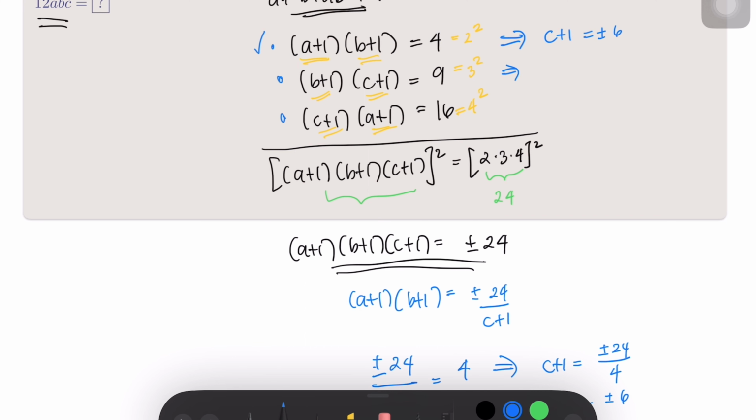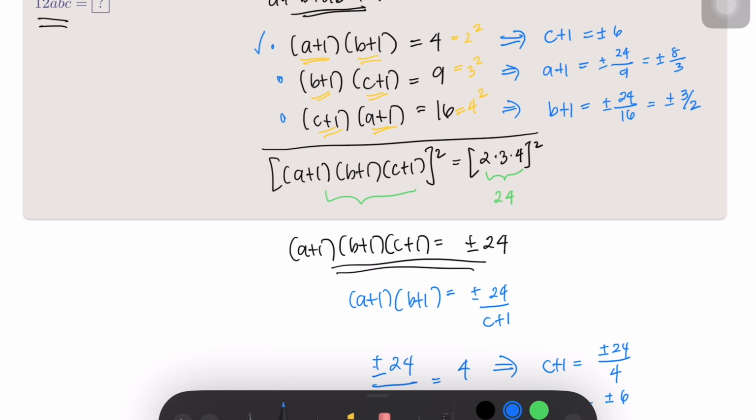We can do the same thing here to get a plus 1 is equal to plus minus 24 over 9, which when simplified is plus minus 8 over 3. Lastly, the third one should give b plus 1 is equal to plus minus 24 over 16, or simply plus minus 3 halves.